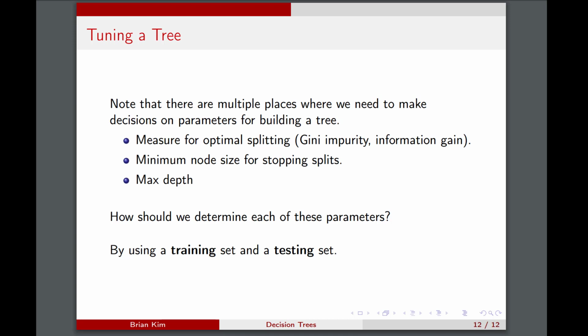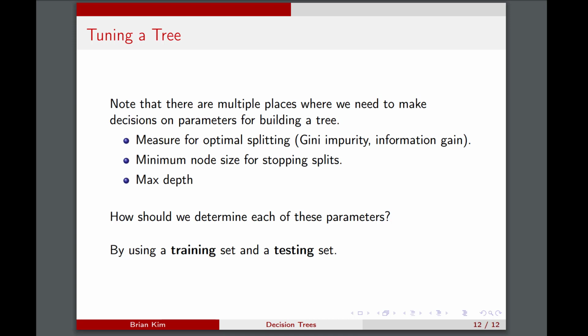And then you also have max depth. In the tree that we saw earlier, we had a depth of 3. But maybe you're just interested in not going too far. If you make too many splits, then it doesn't become very interpretable. It gets hard to understand, and that might not be desirable.